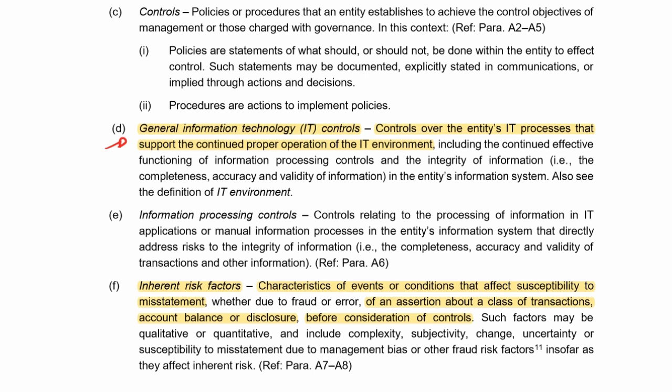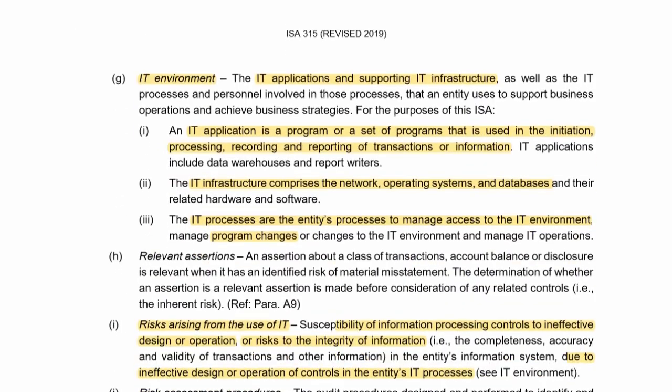These are the controls over the entity's IT processes that support the continued proper operation of the IT environment. So these are the controls that need to be implemented before any processing so that they allow for proper operation of the system.